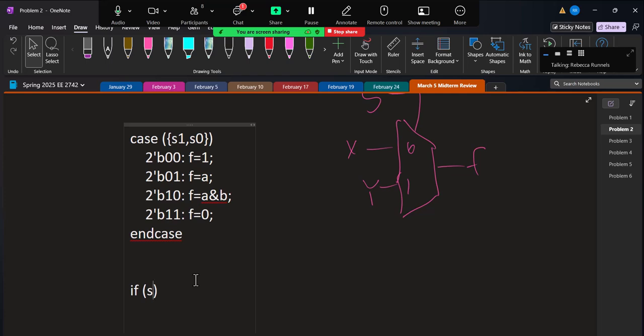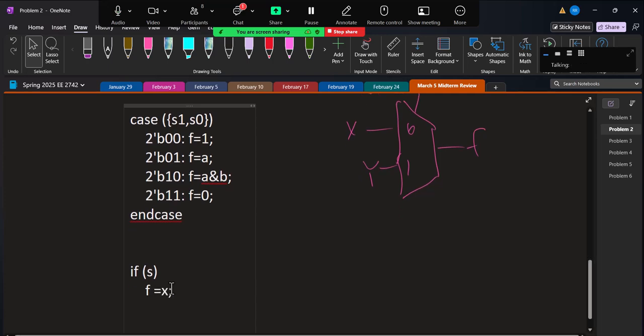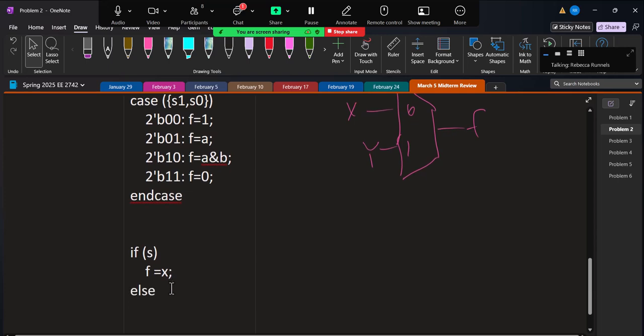You can certainly put equals 1 if you want to, but you're more likely to see just if S. Since we only have a single statement, we don't need a begin and an end. I would say F equals X, semicolon, else F equals Y, semicolon. And that would be the multiplexer for that.